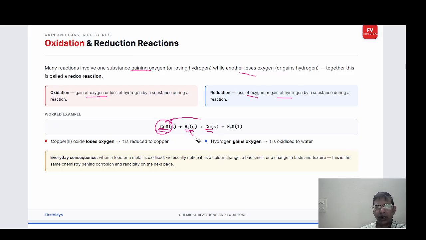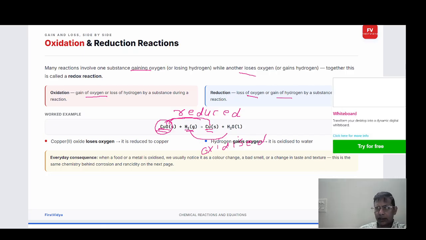So H2 is oxidized to water, and copper oxide is reduced. Okay, so this is oxidation and reduction, very easy.